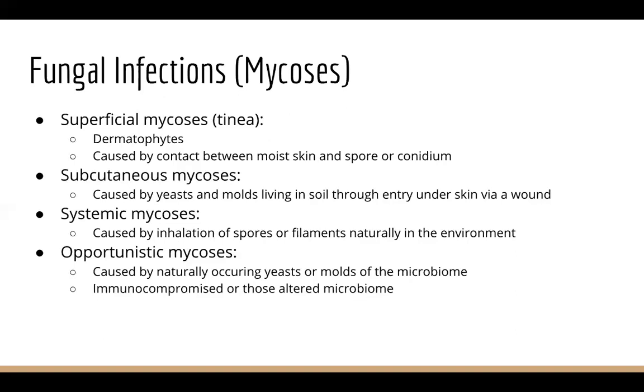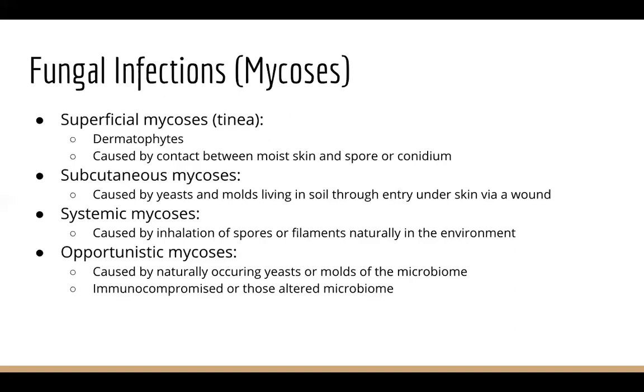So that is something that needs to be monitored closely for transplant recipients. Additionally, those with HIV or AIDS, and HIV causes a disruption in the immune system, which then allows these infections to cause problems for those patients.